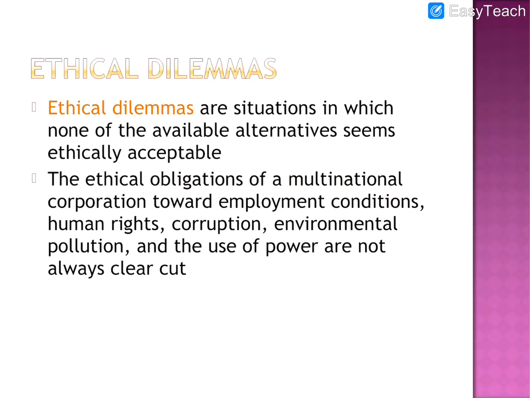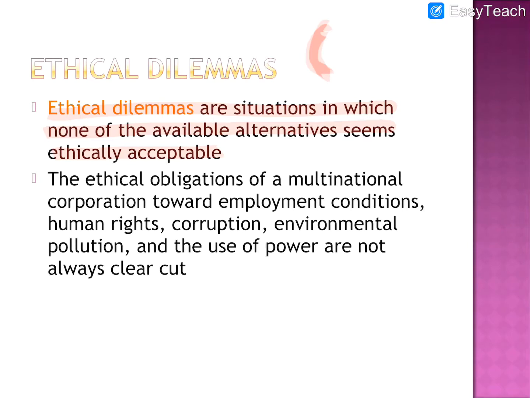Okay, next we move to ethical dilemma. Ethical dilemmas are situations in which none of the available alternatives seems ethically acceptable. It means you have a problem and you have alternatives, but neither of the alternatives is acceptable. For example, you don't have money, but you need to mencuri.